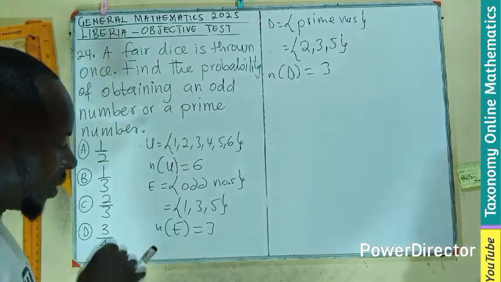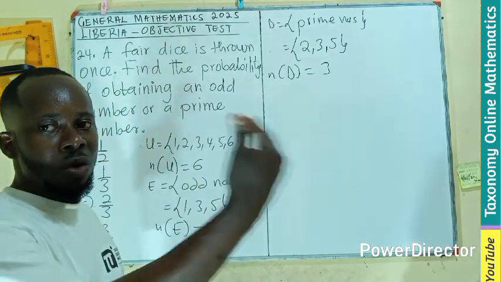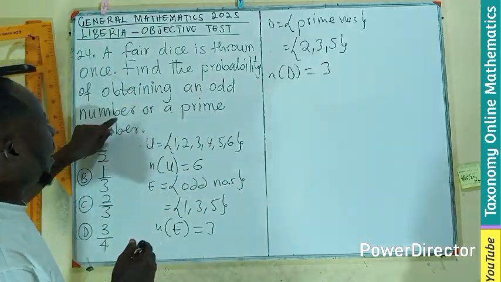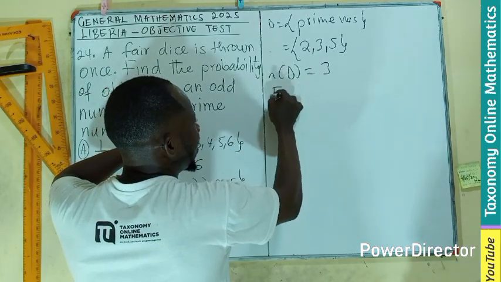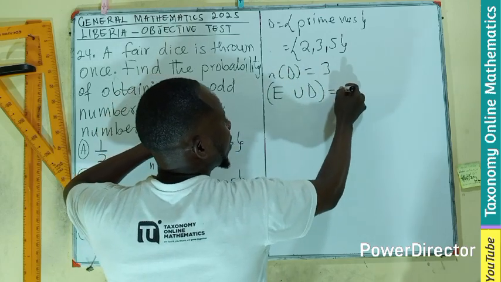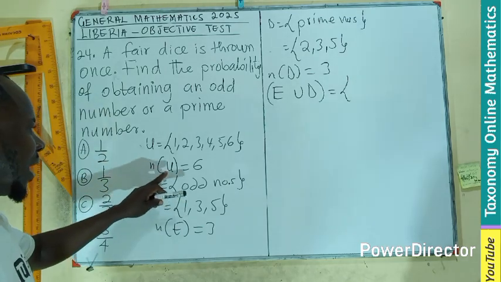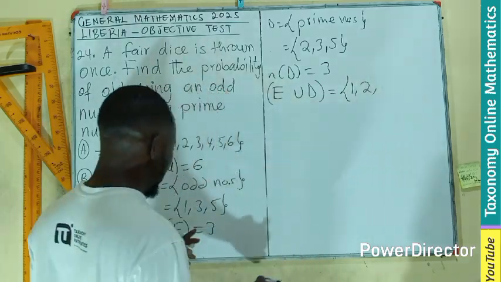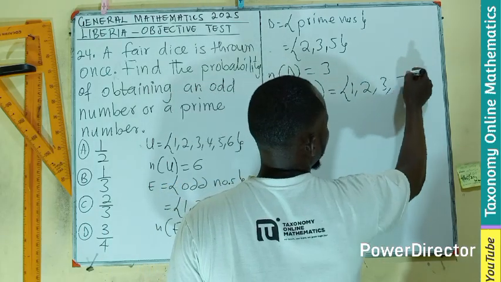So number of D also equals 3. Now, we can solve it in a way by which we combine them together, using the concept of union, as in OR. So I can say that odd number or prime number is talking about E union D. So E union D, putting the set E and D together, that is, I'm having 1 here, 2 there, 3, and we have 4, 5.